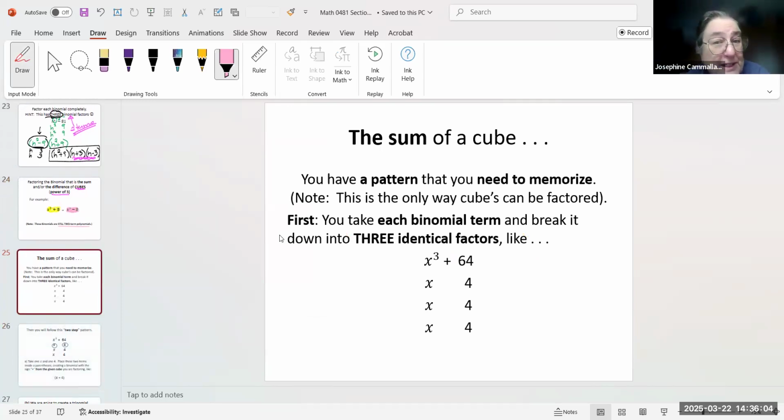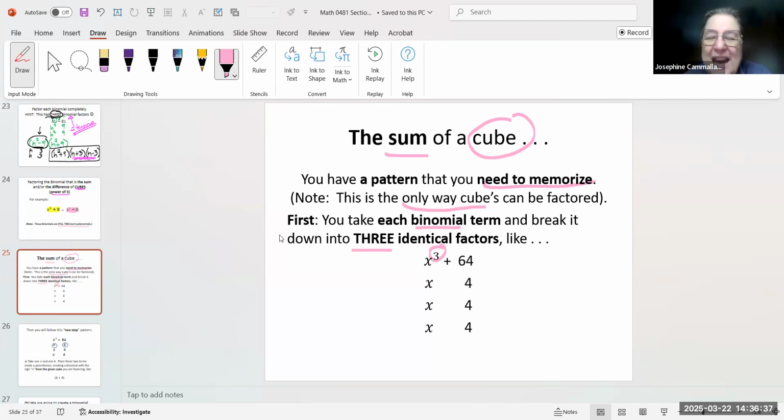Now, I'm going to show you 2 examples. We have the sum of a cube. Well, notice there's my 3. Unfortunately, you're going to have to memorize this pattern. And this is the only way cubes can be factored. This time, the binomial, because it has a 3, must have 3 identical factors.